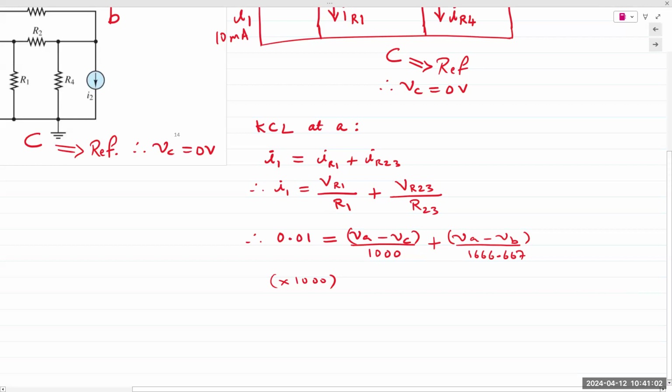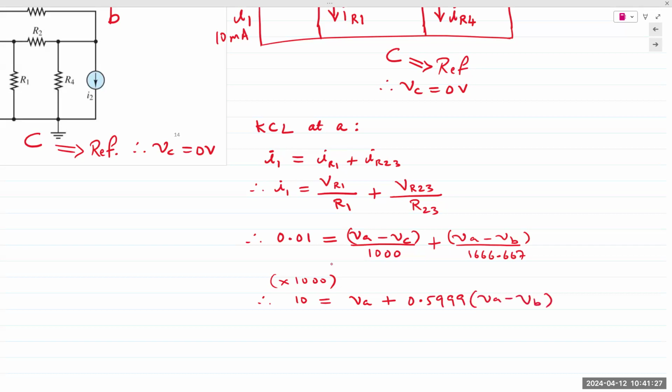So we would reduce this. I'm going to do this manually. So 0.01 times 1,000 gives me 10 equals, VC is 0. So this simply gives me VA plus 0.5999 times VA minus VB.